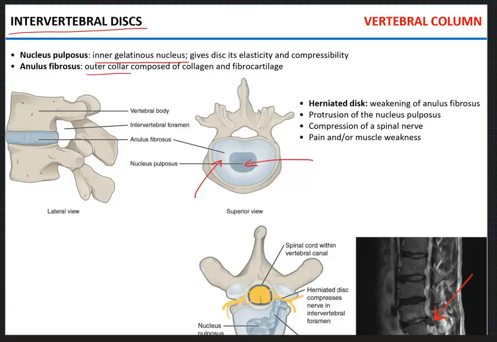The outer collar, annulus fibrosus, is composed of fibrocartilage. Remember, fibrocartilage is very resilient to vertical pressure.